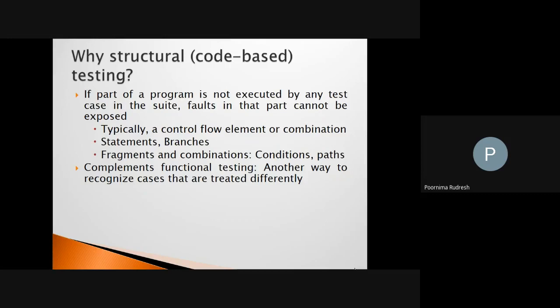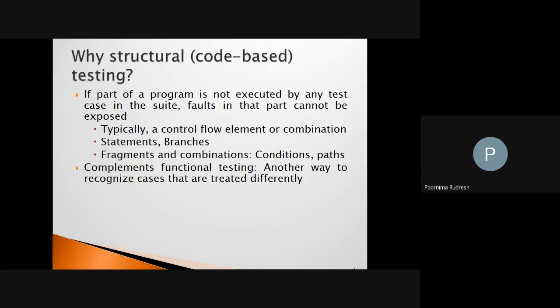Suppose you have written the program for the commission problem. The commission problem we discussed in the second module. Let us consider the same example. Suppose for the commission problem you have written the code and you want to execute that program. After executing, how are you testing your developed program?